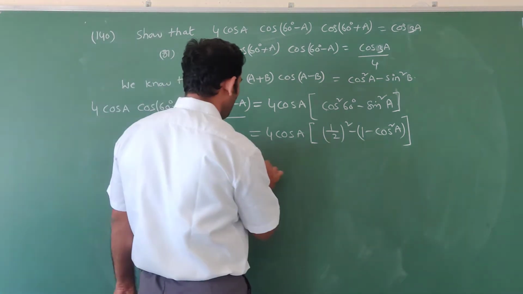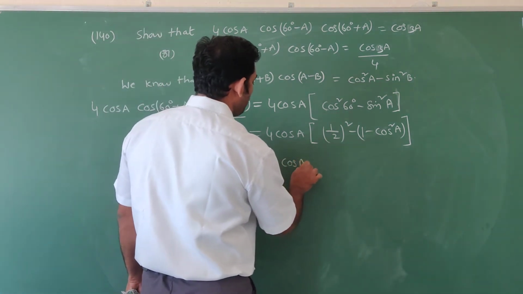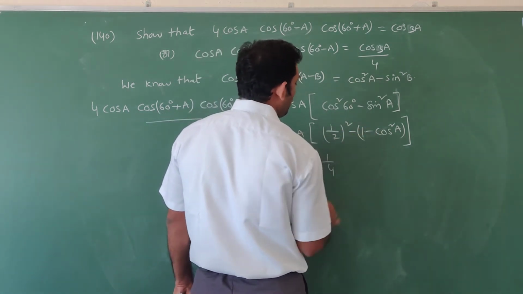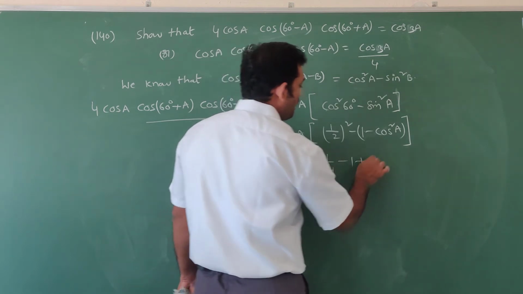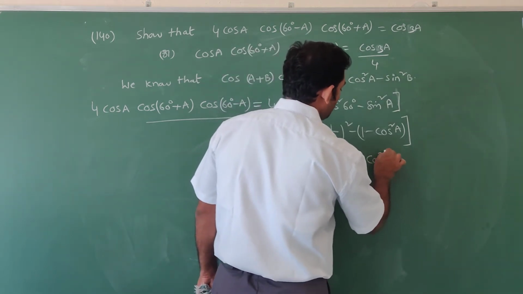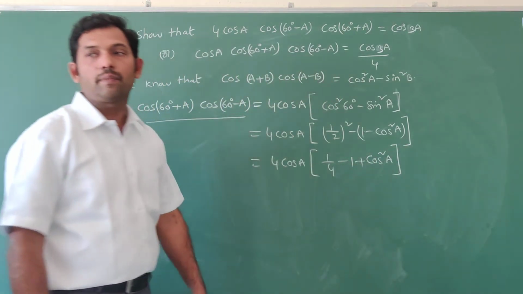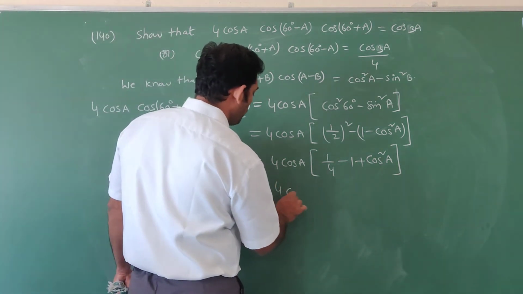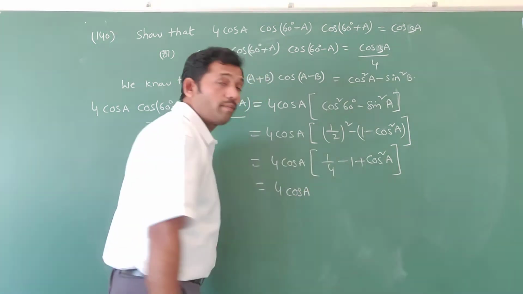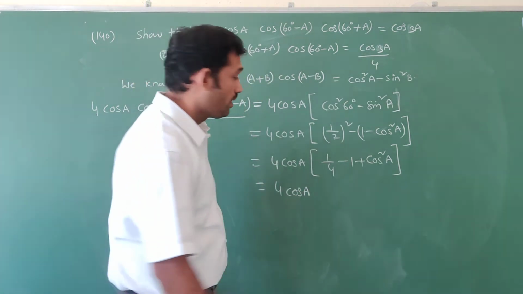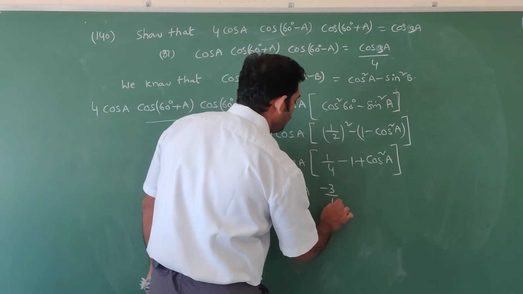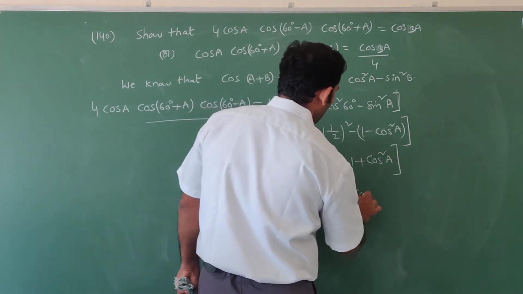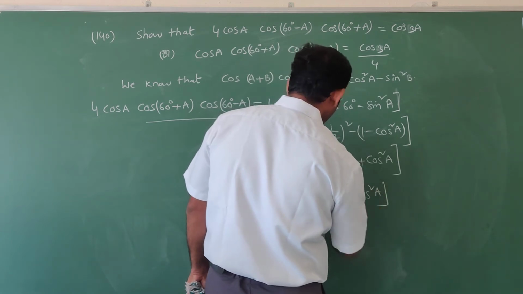So now 4 cos A bracket 1 by 4 minus 1 plus cos square A. 1 by 4 minus 1 means how much? Minus 3 by 4 plus cos square A.